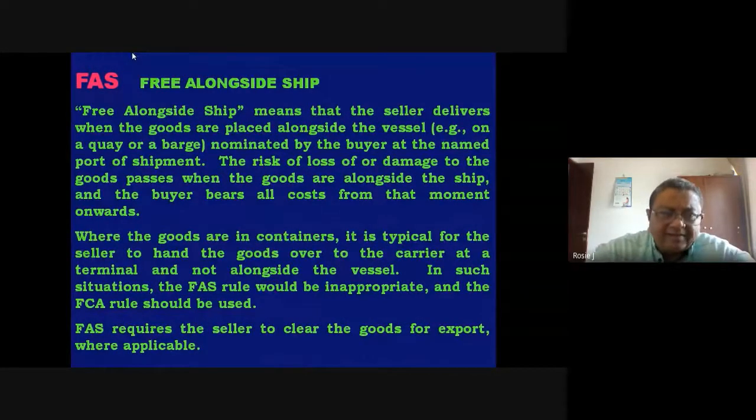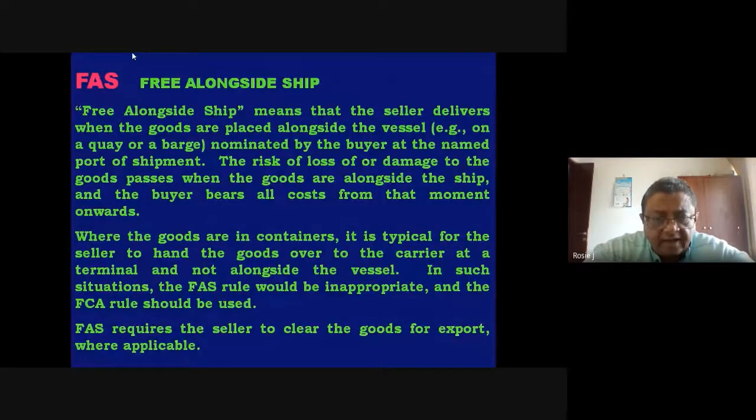But there is a term like this, where the exporter's delivery point is a place the importer decides, somewhere in the port, where the goods are brought alongside the ship.